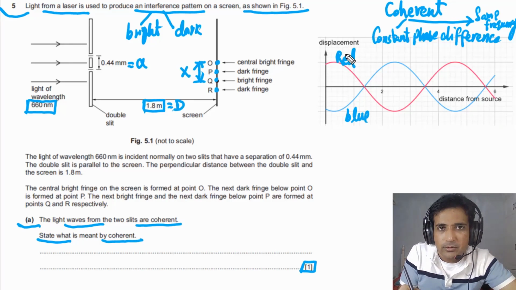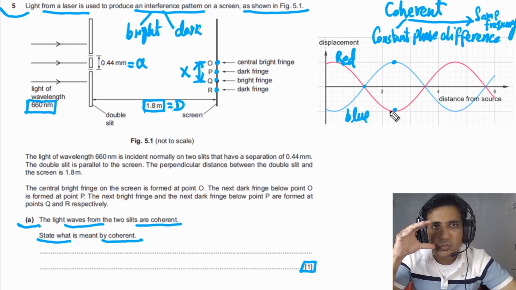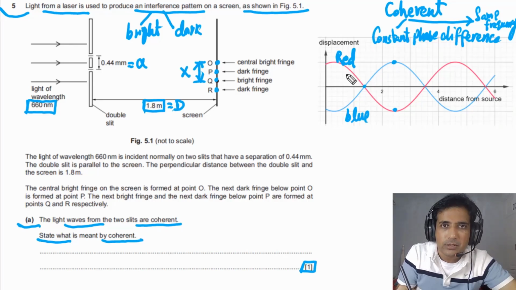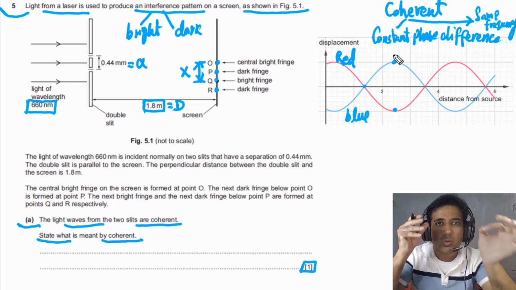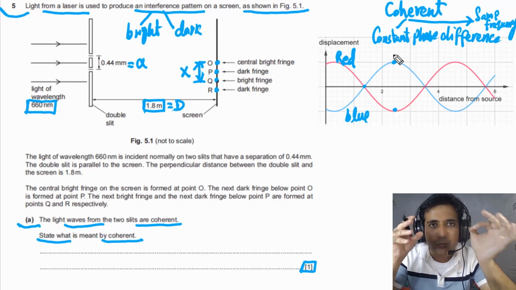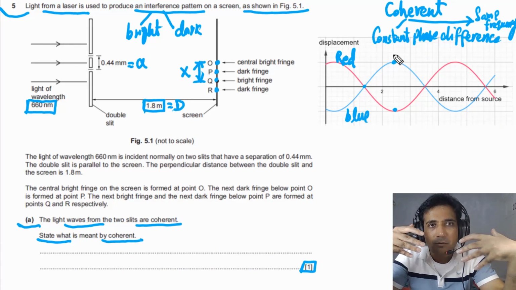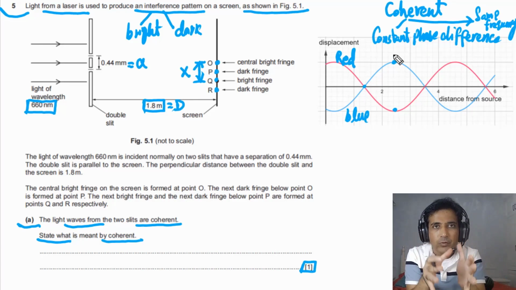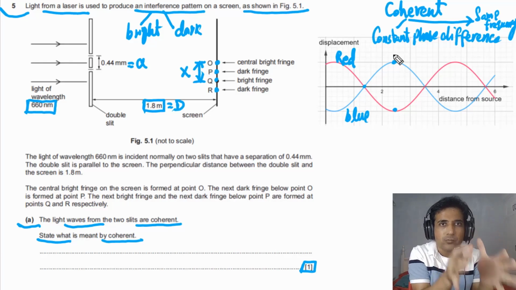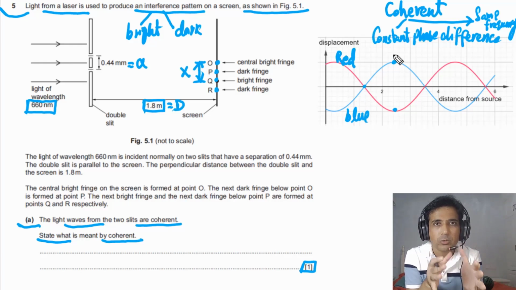In this figure, with red and blue, at any point the phase difference is equal to 180 degrees, so these two waves are coherent. Coherent simply means that two waves have a constant phase difference, meaning the phase difference does not change with time. And that is only possible if they have the same frequency.